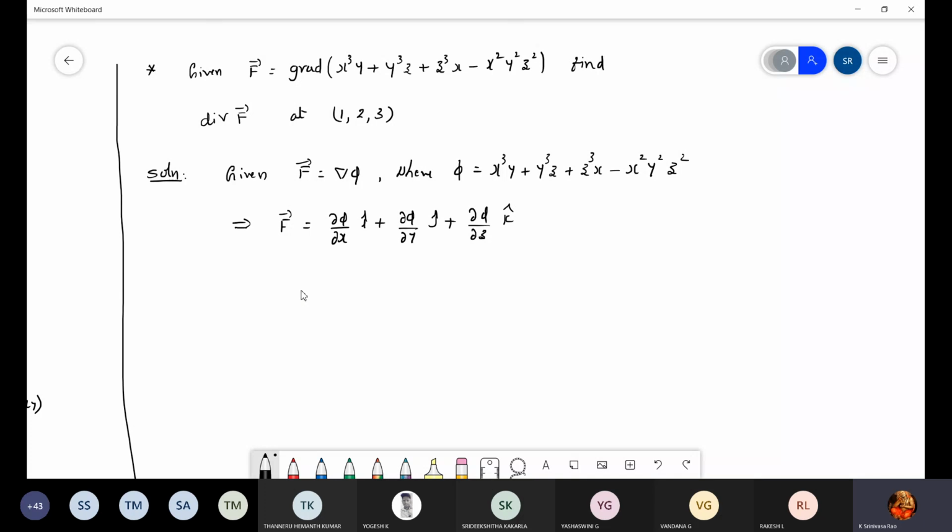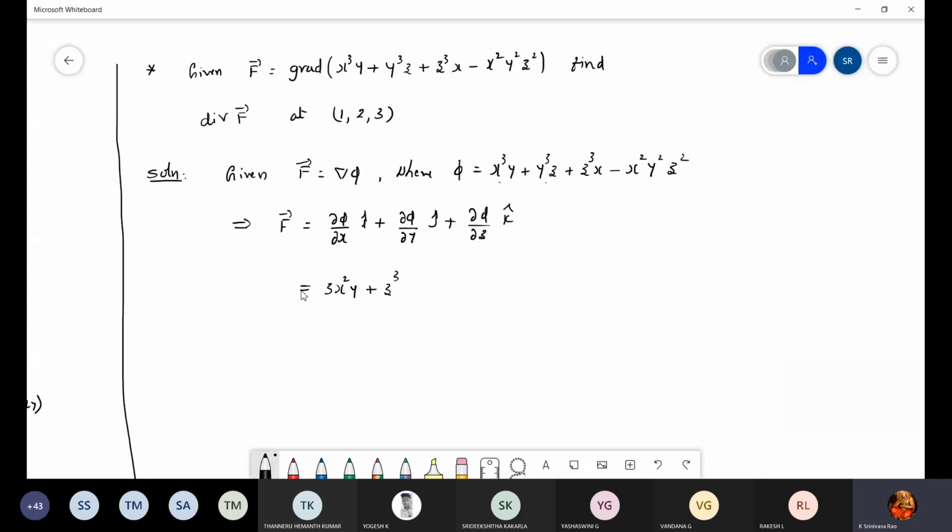Can you tell what is the answer? Del phi by del x. If I differentiate partially with respect to x, in the first term, x cube differentiation is 3x square, so 3x square y. Second term 0. Here plus z cube you will get.